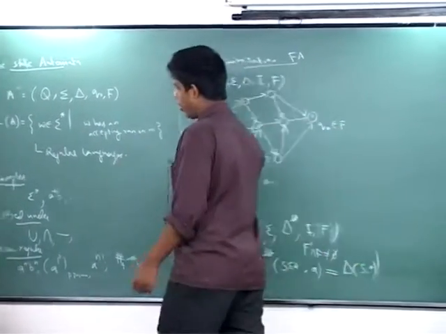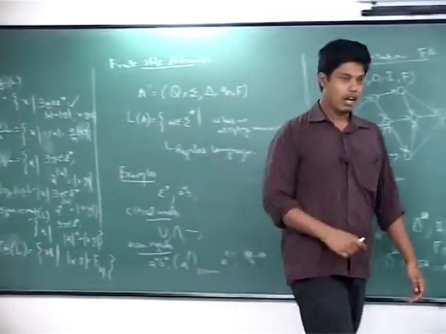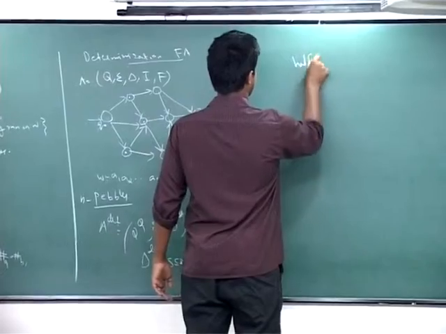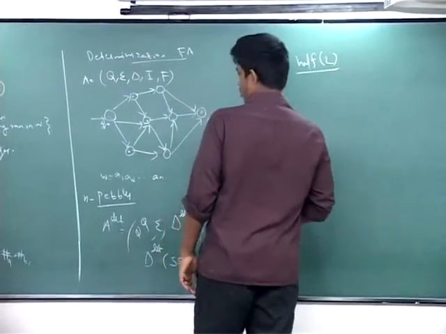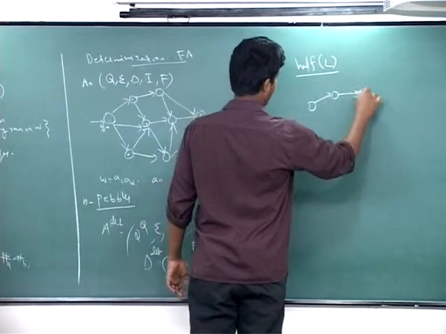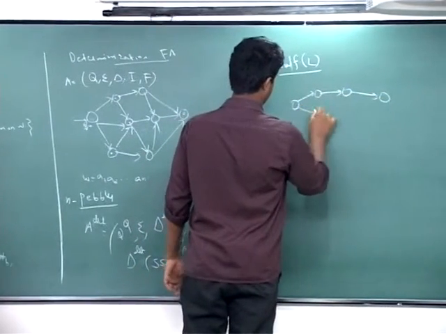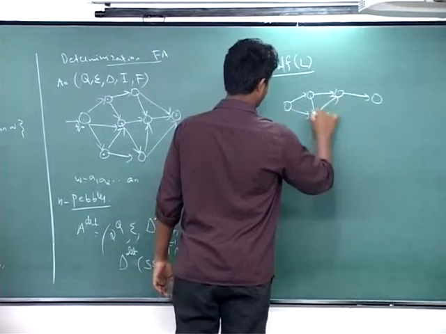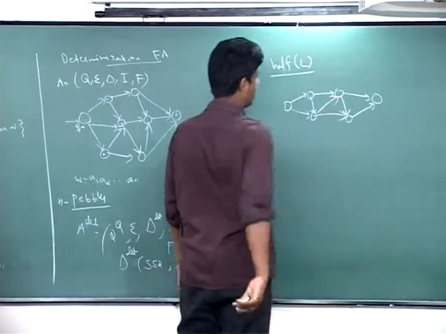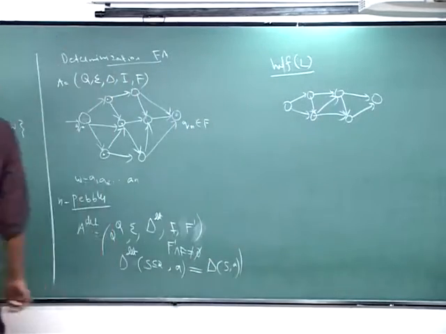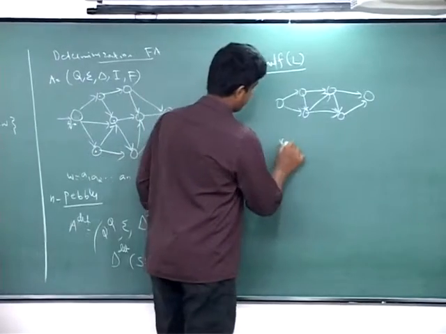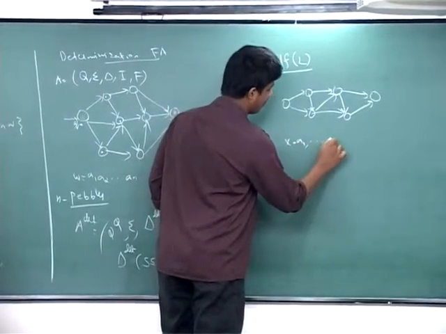Now let's solve this using the same technique. Suppose our finite automaton looks like this. I'm going to read a word X, A1 to An.